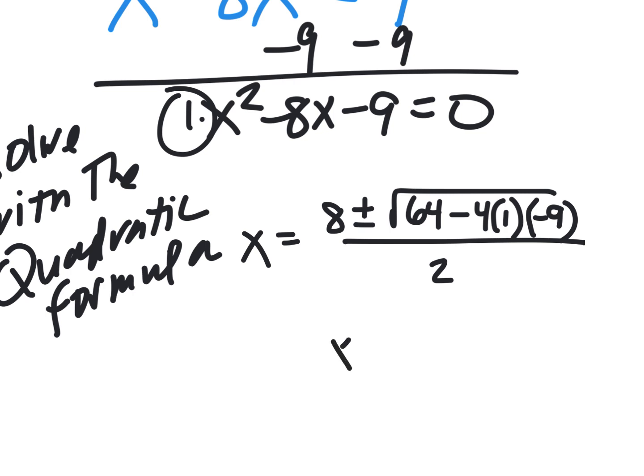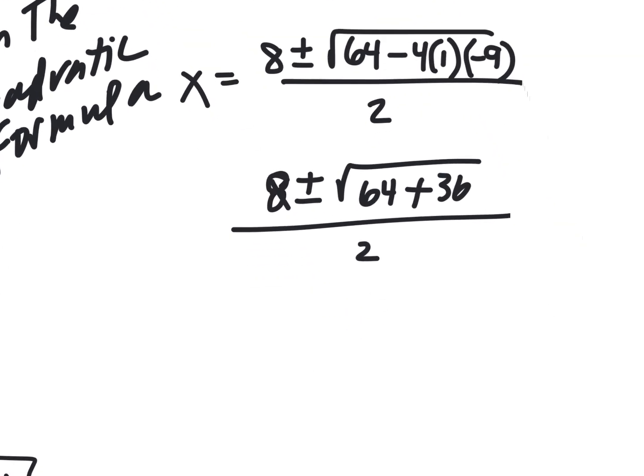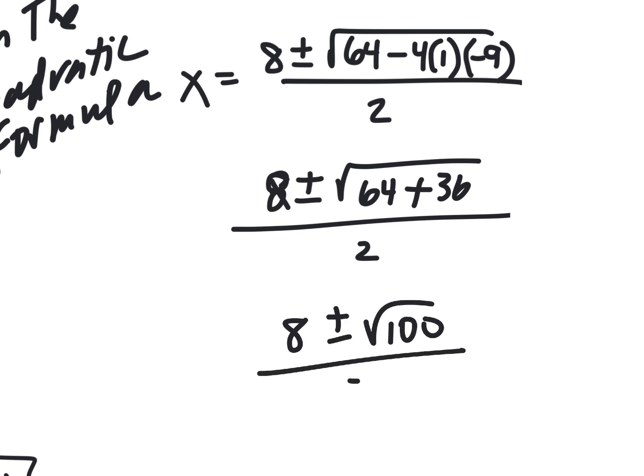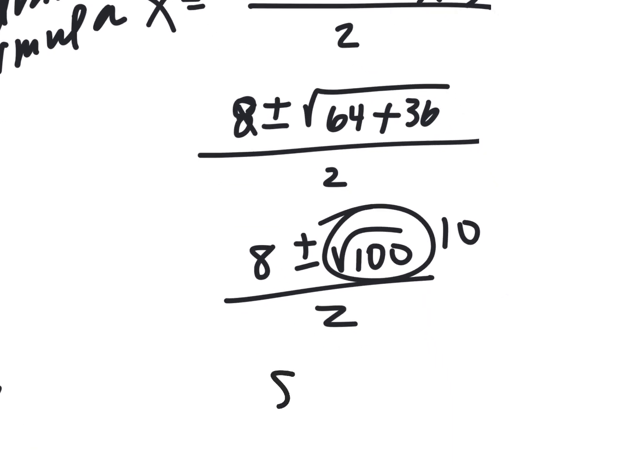Now it's 8 plus and minus the square root of 64 plus 36, because 9 times 4 is 36. Ooh, that worked out nice. 8 plus and minus the square root of 100 over 2. Would you agree that the square root of 100 is 10? So I got 8 plus 10 over 2 and 8 minus 10 over 2.